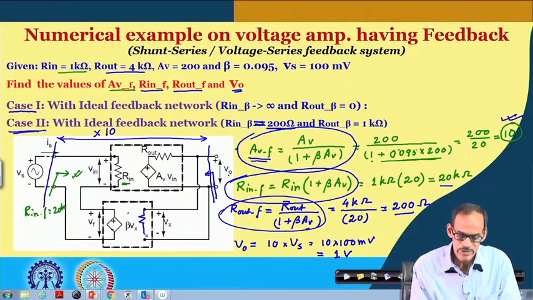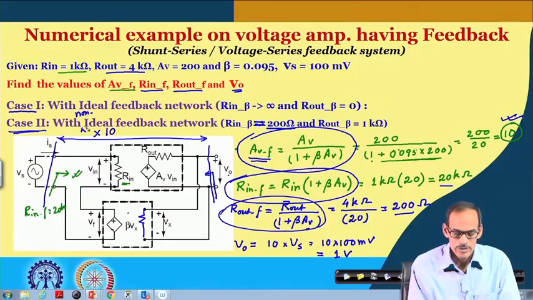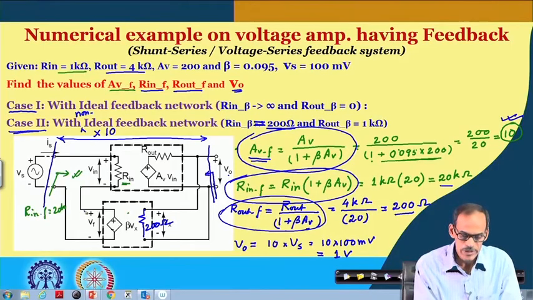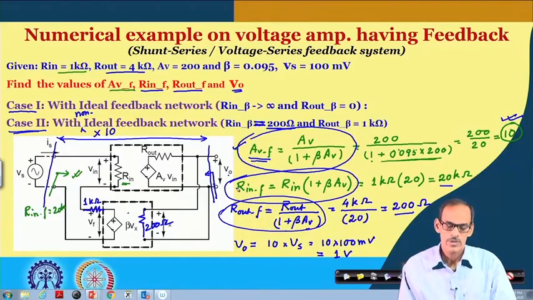So, we are considering non-ideal feedback, and the input resistance is 200, and the output resistance coming in series is 1 kilo ohm. With that, we need to find the corresponding feedback system gain, input resistance, and output resistance.